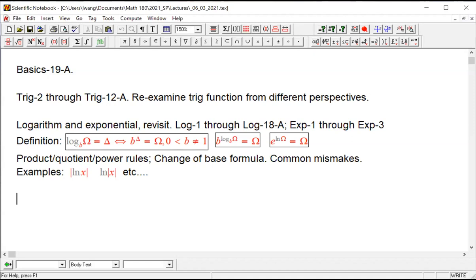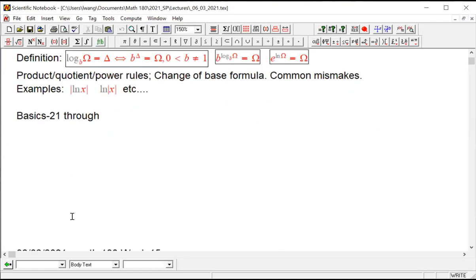Okay, so now basics, continue to review Basic 21 through. These are functions, this is about power, right? What are the powers? b to the power m times b to the power n, and so on and so forth. We have used them throughout.